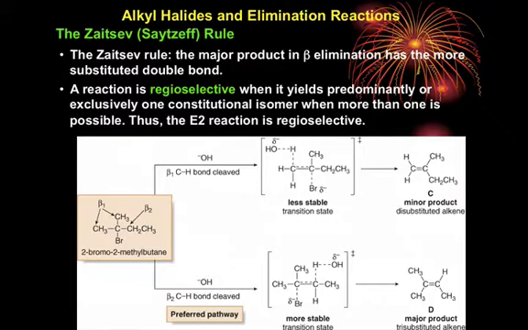And when you have an abstraction at the beta 1 carbons, as it's shown here, this is actually the least stable transition state, and this is the more stable transition state by abstracting the hydrogen from the more substituted carbon, or the beta carbon with the least number of hydrogens, however you want to think about it. Why would this be a more stable, and by more stable we mean lower in energy, right? Why would this be the more stable transition state?